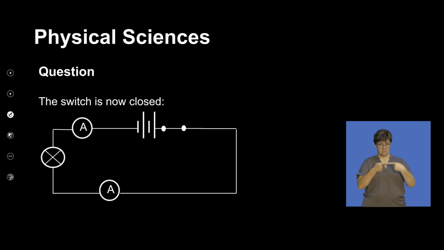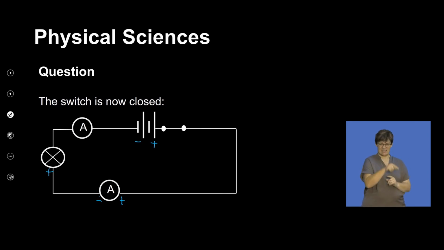Right. Now we close the switch. The moment we close the switch, there will be a reading on the ammeter. But now let's also recall that this is the positive terminal and that's the negative. Again on the ammeter, that's the positive end connected to the negative end.